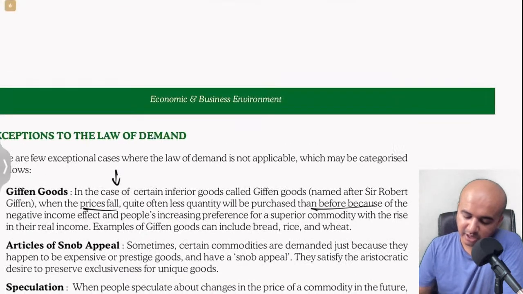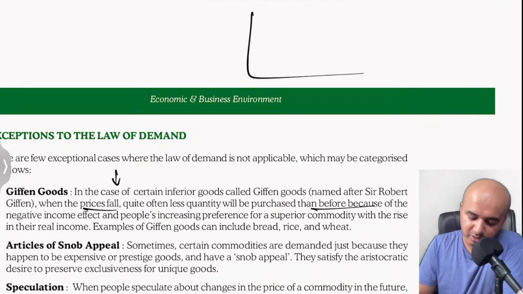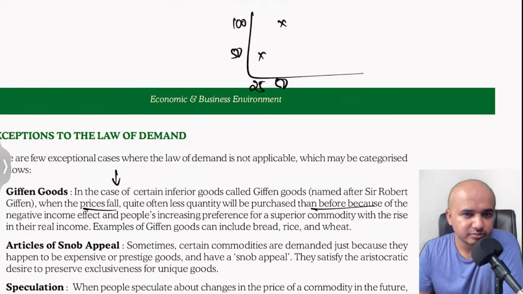If earlier I used to purchase 50 units at 100 rupees, when the price has come down to 50 rupees, I'm actually purchasing only 25 units. So this happens very rarely, not with all the goods, but with those goods which people think are not essential, or with the decrease in the price, their preference shifts elsewhere.